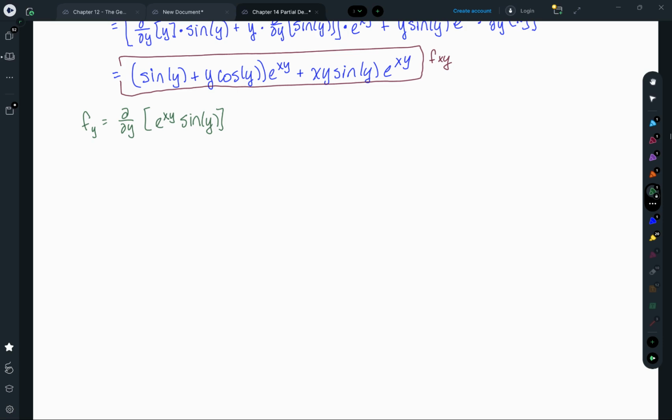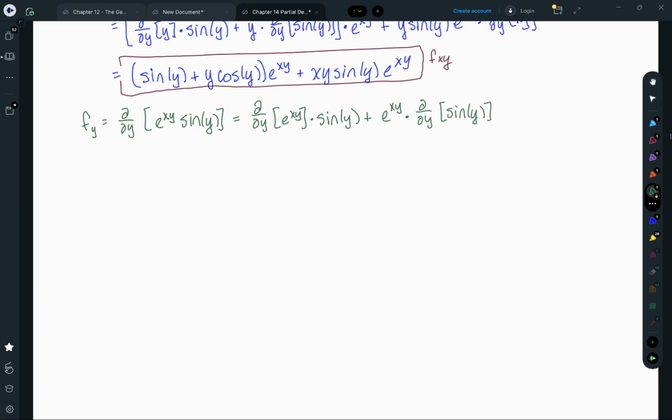All right, derivative of the first. I'm going to write this all out. Del y of e to the xy times the second, so times sine of y, plus the first, e to the xy, times del y of the second, the sine of y.